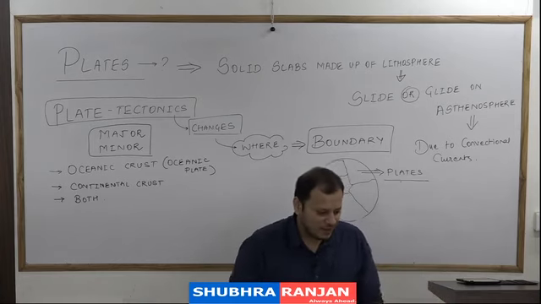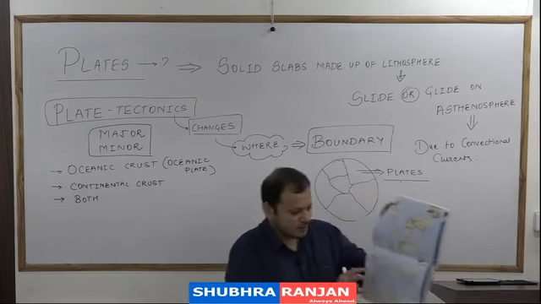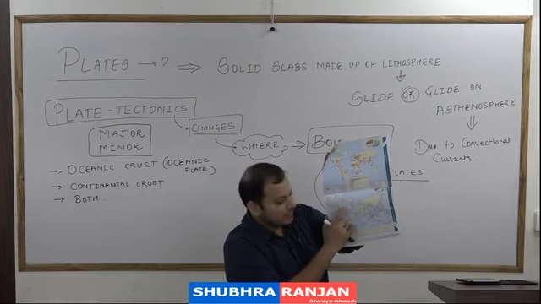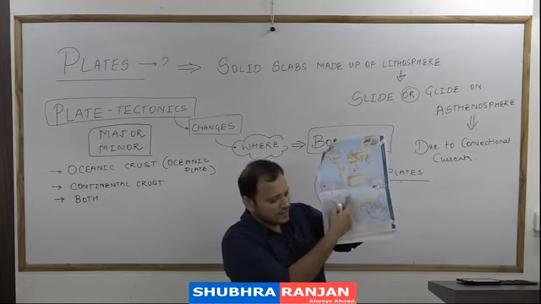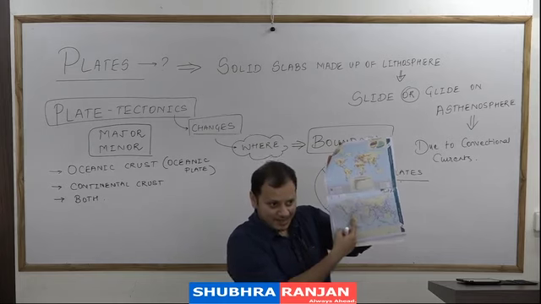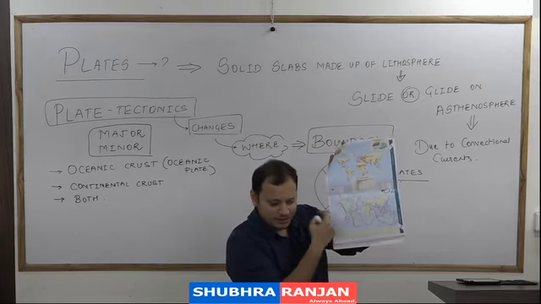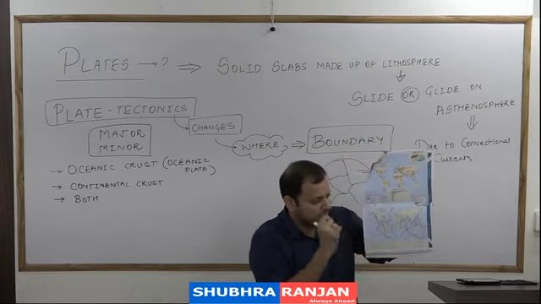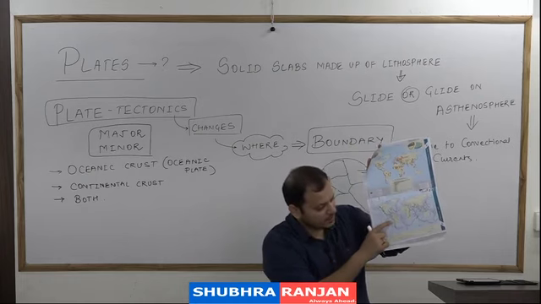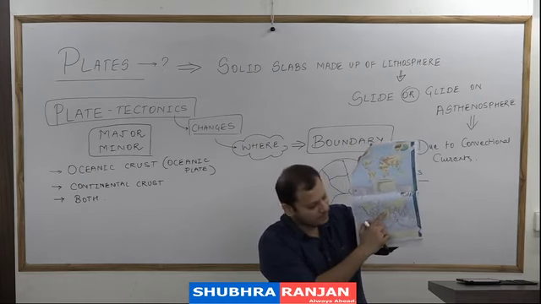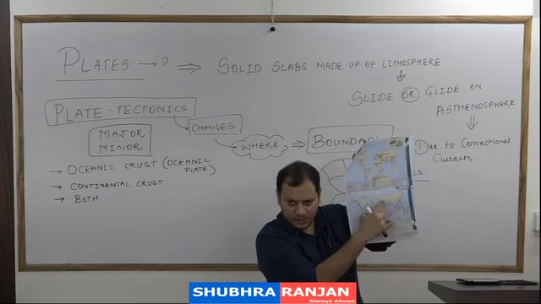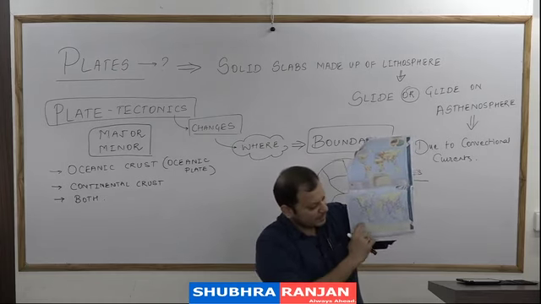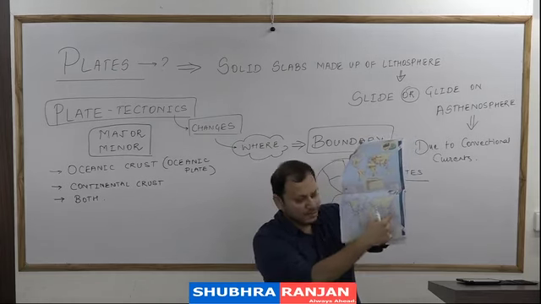And why do we call them plates? Because this plate which is moving consists of continent as well as oceanic part. And why is it breaking? You know this from yesterday, because oceanic crust is much thinner as compared to the continental crust. So the major plates are North American, South American, African, Eurasian, Indo-Australian plate, then the Antarctic plate and the Pacific plate.